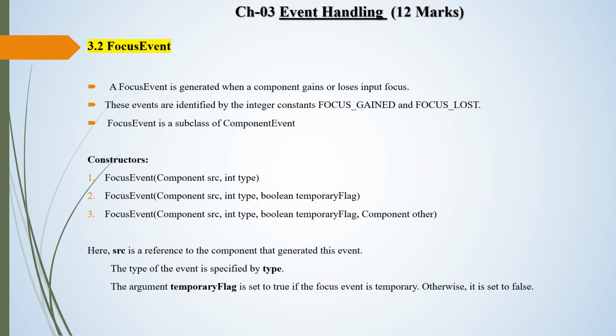Then the third parameter, the argument temporary flag, is set to true if the focus event is temporary. So if the focus event is temporary, at that time we pass the temporary flag as true, otherwise we pass false. So these are the constructors of focus event.